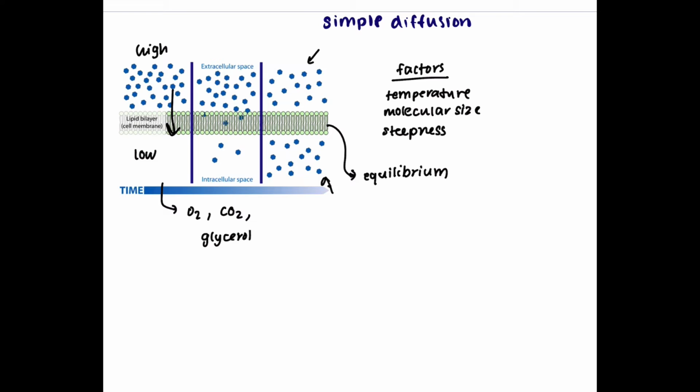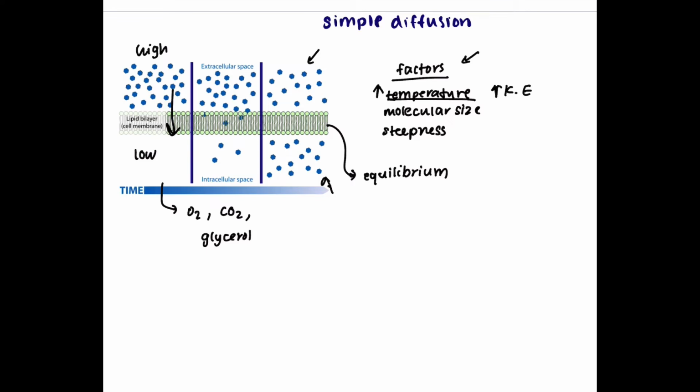Now, there are three main factors that affect the rate of diffusion. First off, we have temperature. So temperature affects the kinetic energy of particles in a solution. Therefore, a greater temperature will mean a greater kinetic energy, and that would allow particles to move more quickly.